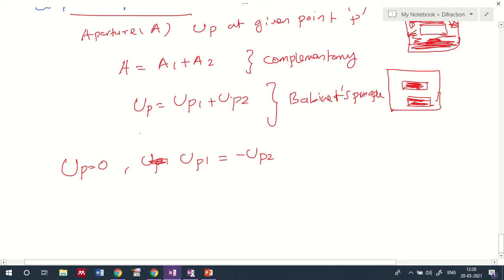What it means is that if you have a large optical disturbance UP, then you have a small portion. In order to equalize this to the same effect, we need n number of these holes to compensate. That will be a sum of all of them. So the total optical disturbance will be equal to the sum of the optical disturbances at each aperture A1, A2 and so on. That is Babinet's principle.